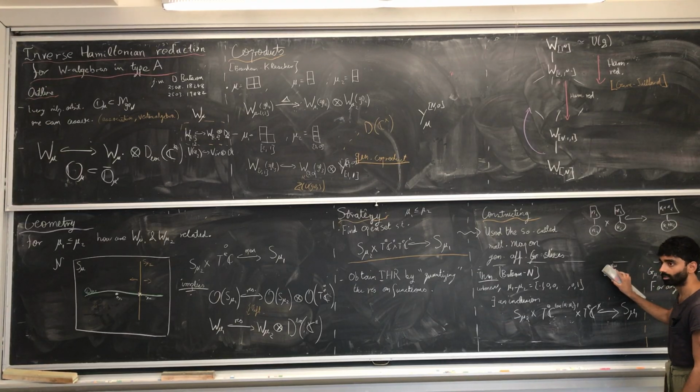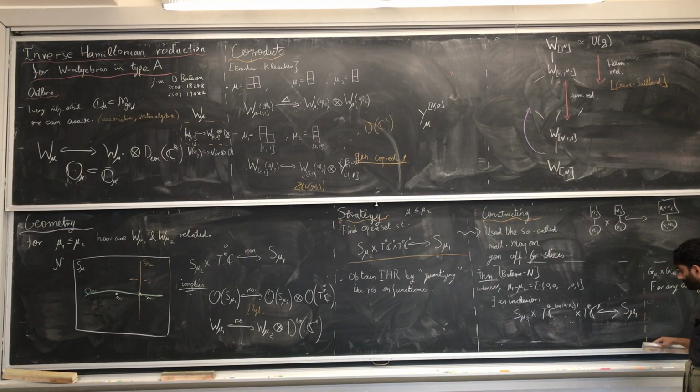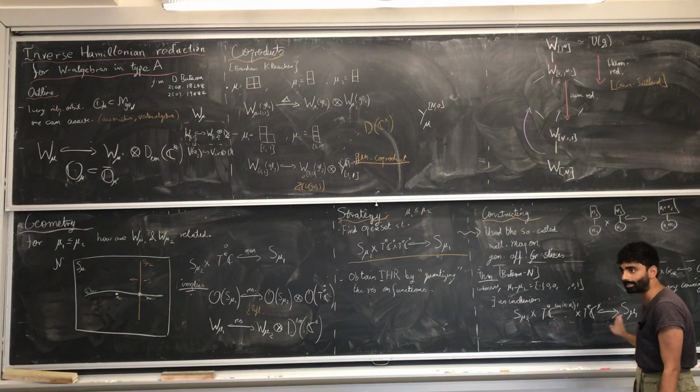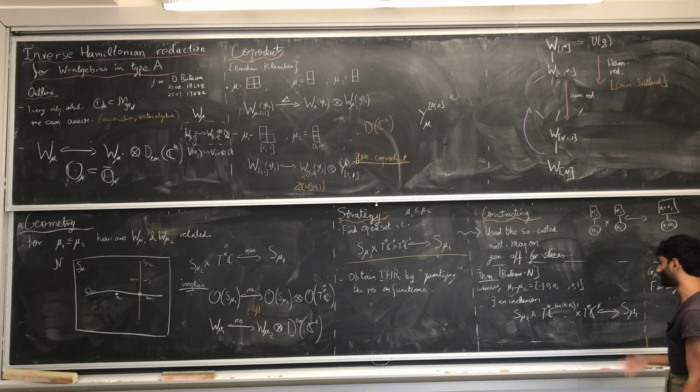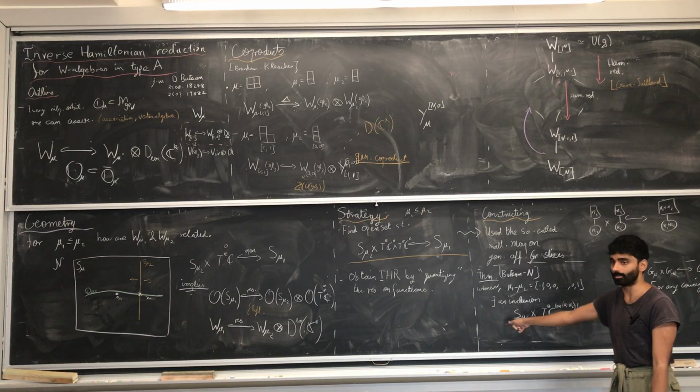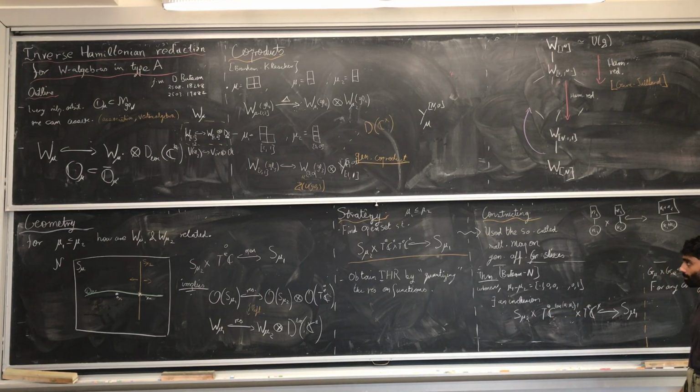But also originally you had some kind of product. Yeah, great. So this is a product on spaces, and so it's a co-product on functions. When I take functions, the arrow goes the other way, so I get a map that splits functions on this guy into functions on this guy times functions on this guy. So the point is that we're able to show that there is some nice geometry that does the first part of this.